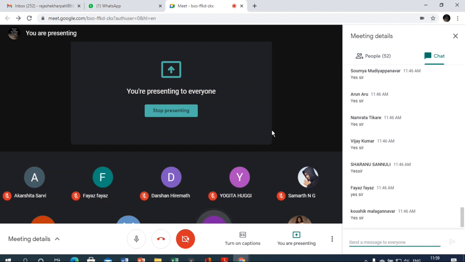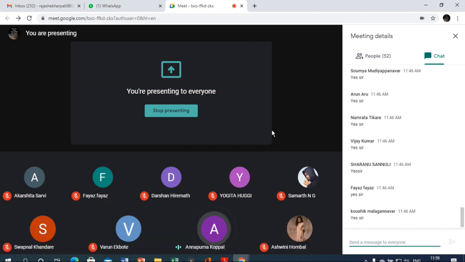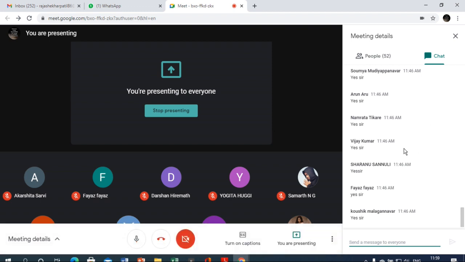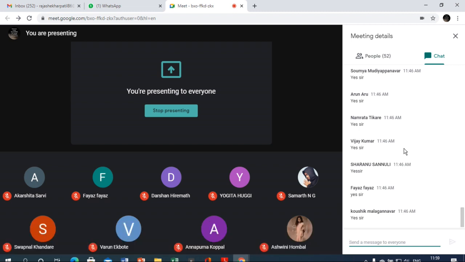Sir, what about diploma students? Should they also write in sheets, sir? No, no. For diploma students, I will give separate instructions. This is only for the regular students, PUC students. What I have said right now is only for PUC students. For diploma students, we will create a separate group based on subject wise.